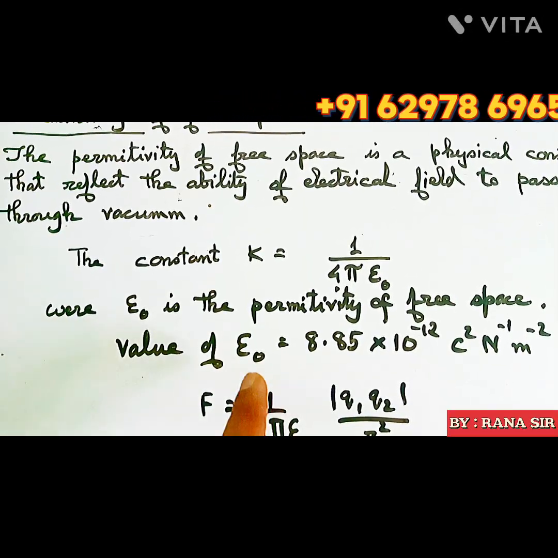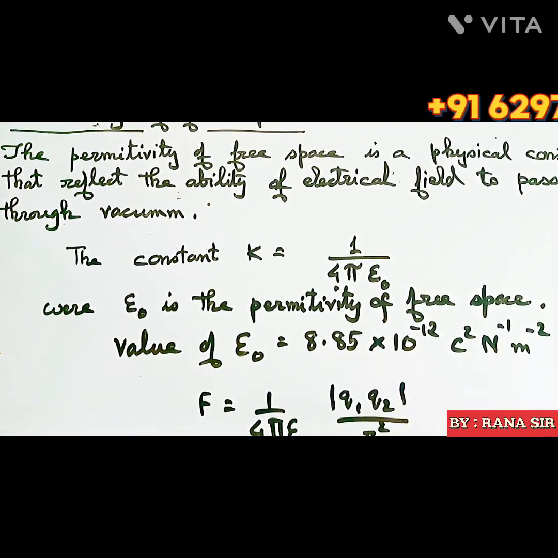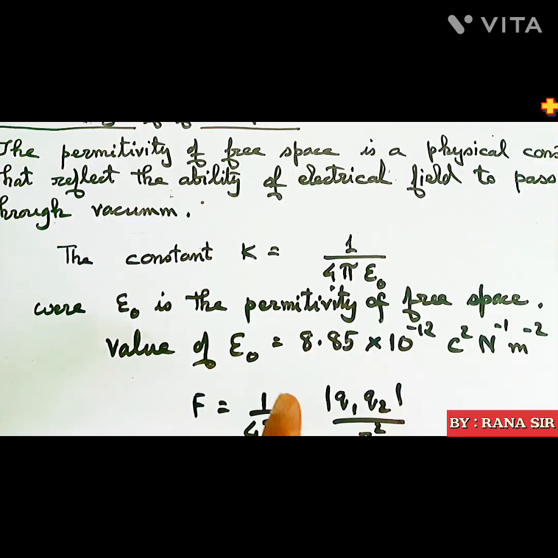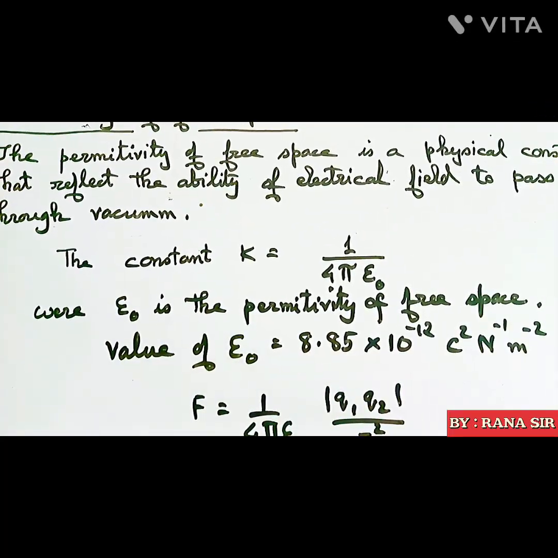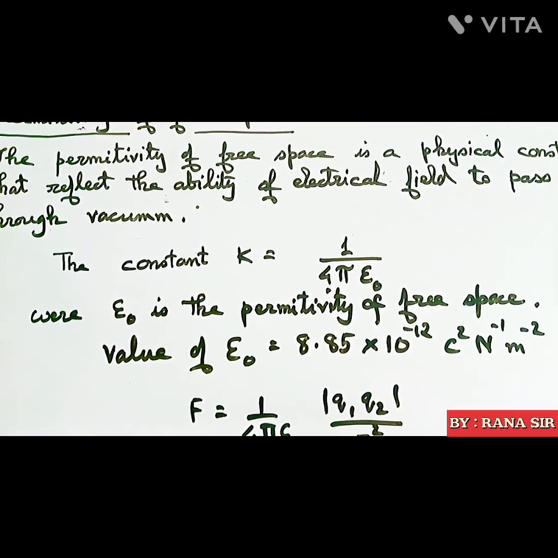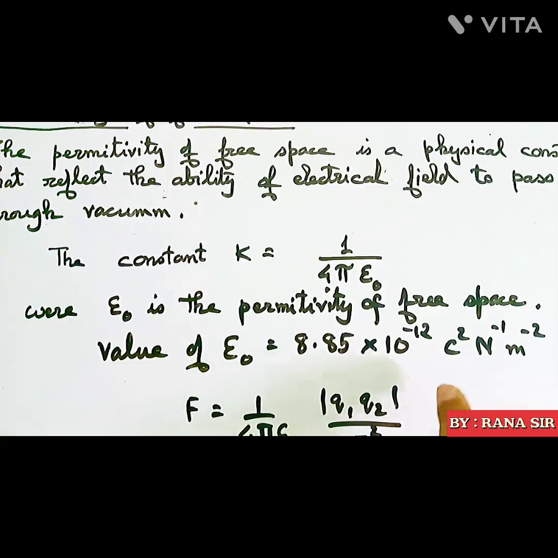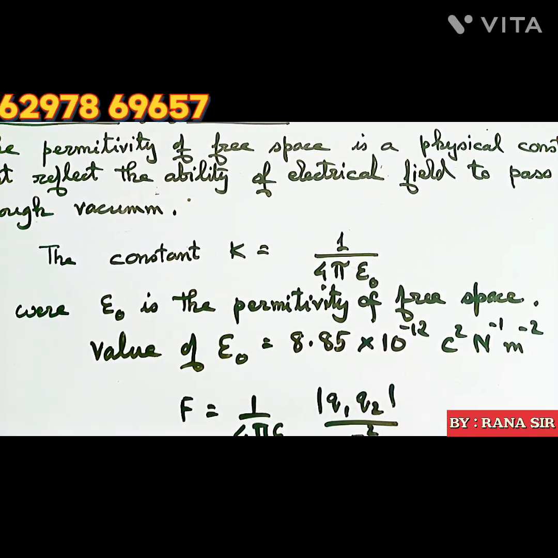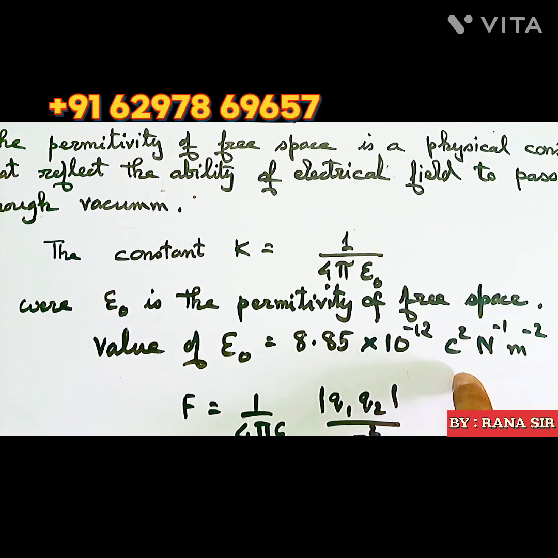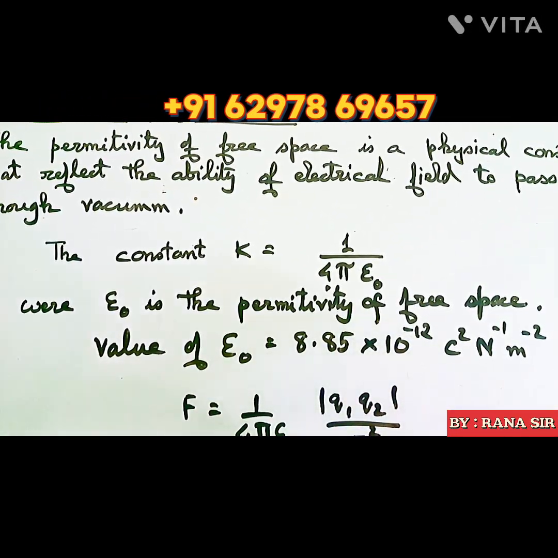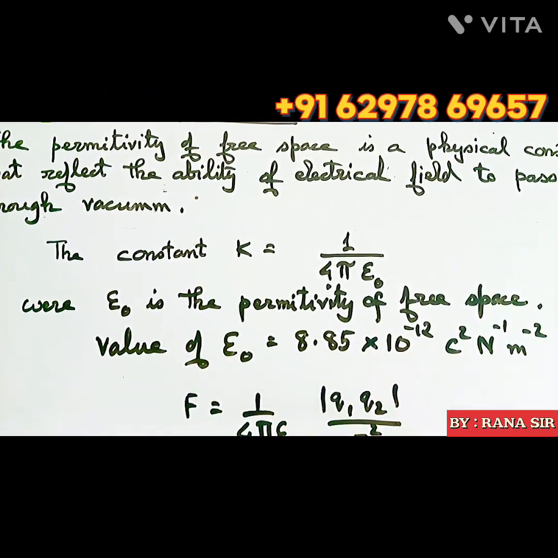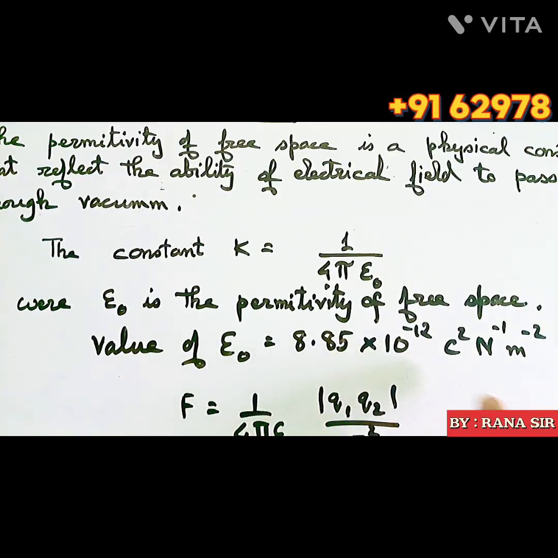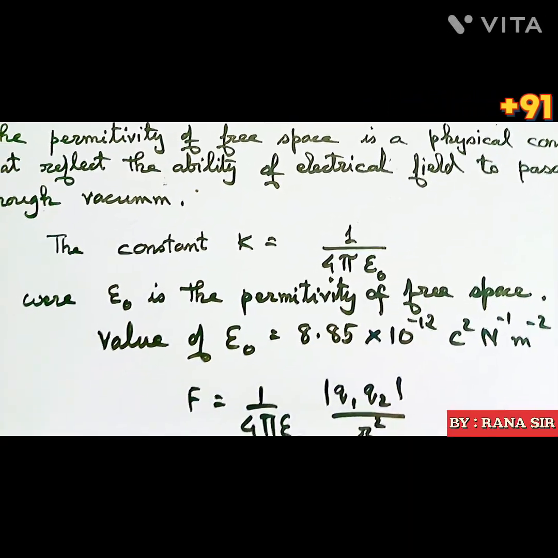The value of epsilon naught, the permittivity of free space, is 8.85 into 10 to the power minus 12 Coulomb square per Newton meter square. So Coulomb square divided by Newton meter square.